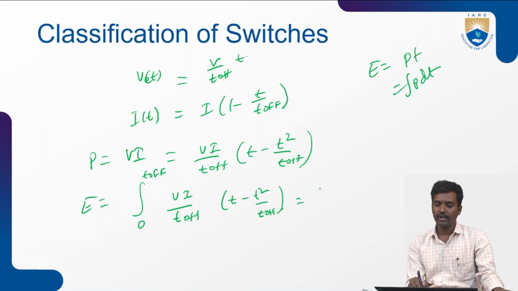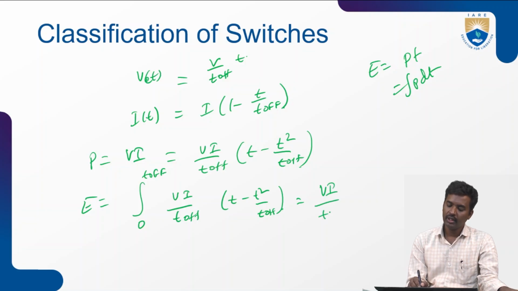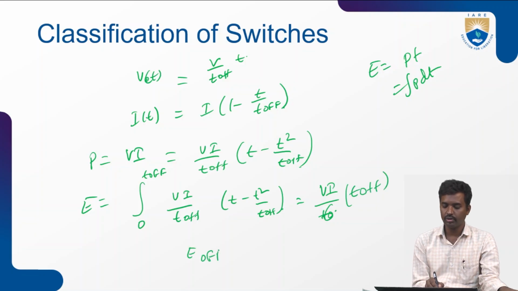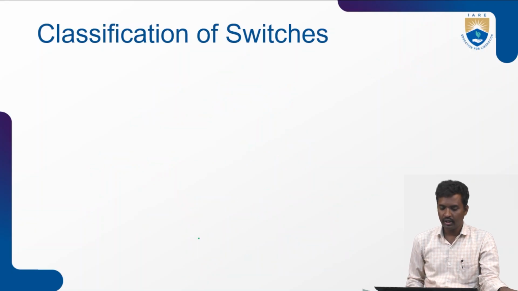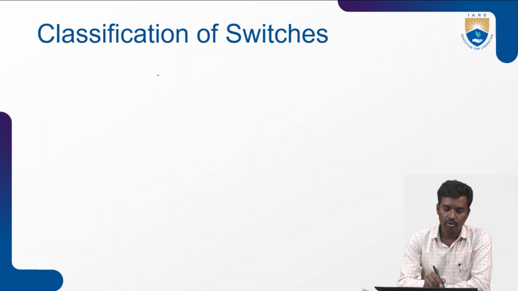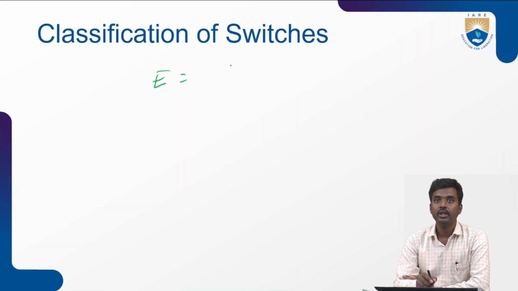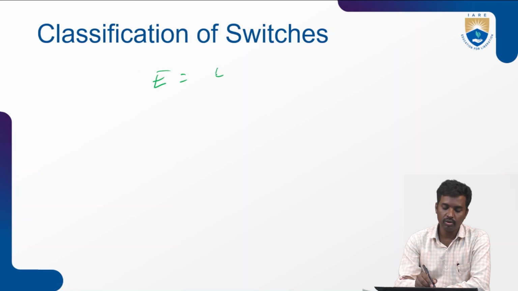If you simplify this, this is also V I by 6 into T off. So this is E off equals V I into T off by 6. So this is the equation. So now the complete energy loss in the switch equals the energy loss during turn on plus the energy loss during turn off.